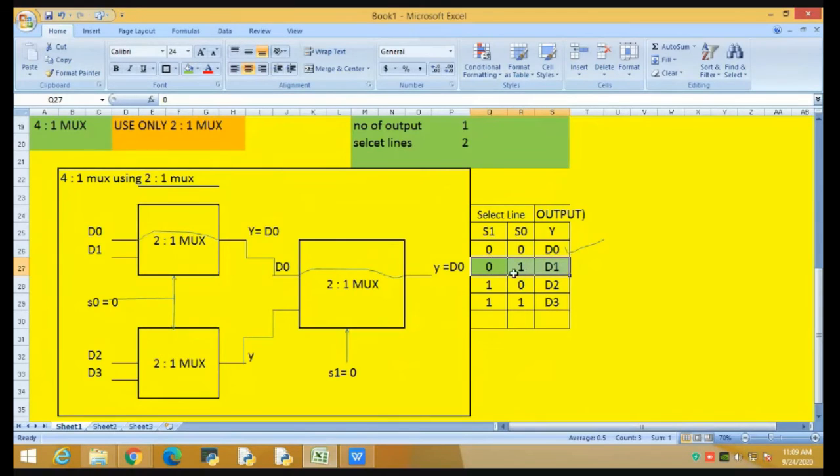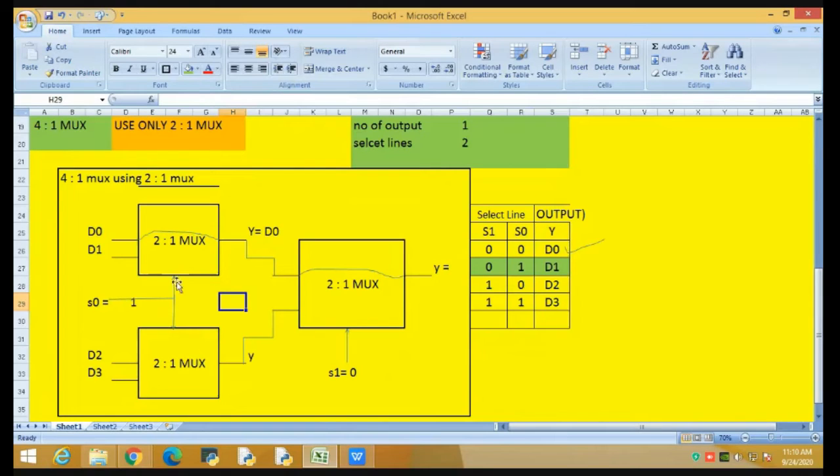Now we define the second row. Here S1 equal to 0, so the first input is connected to Y. Then S0 equal to 1. So I am going to define S0 equal to 1.